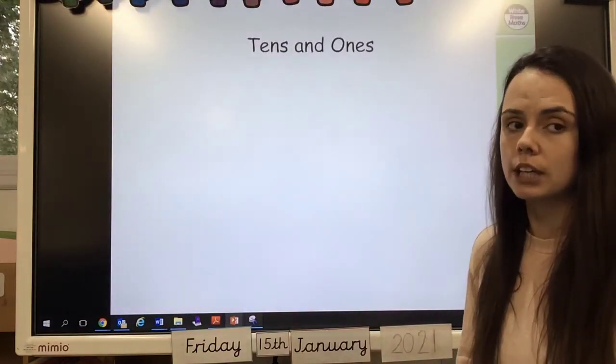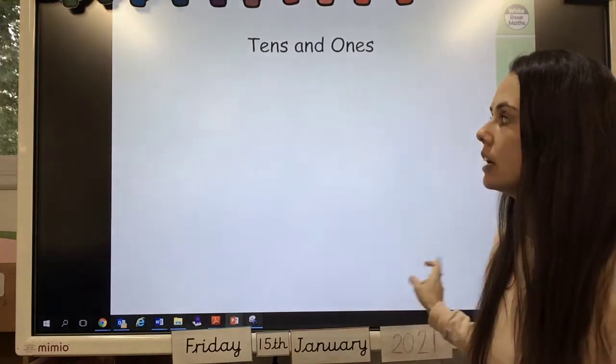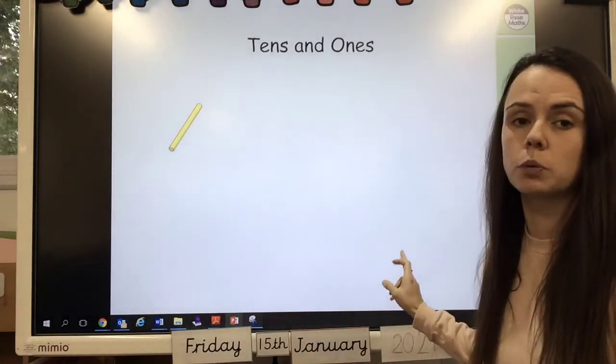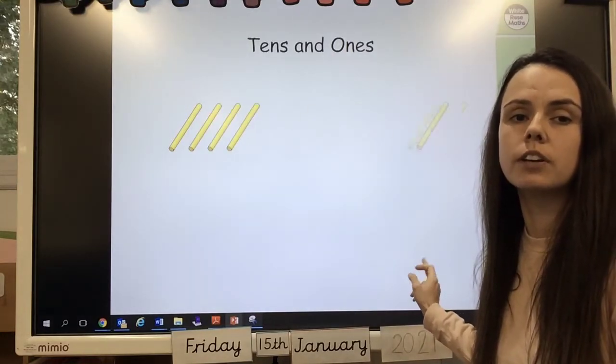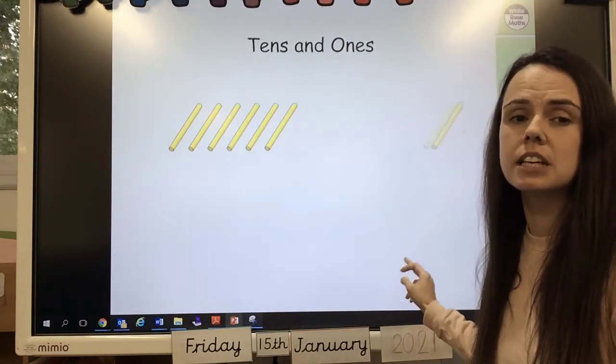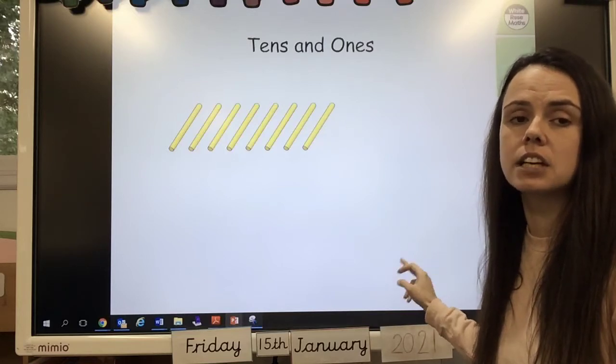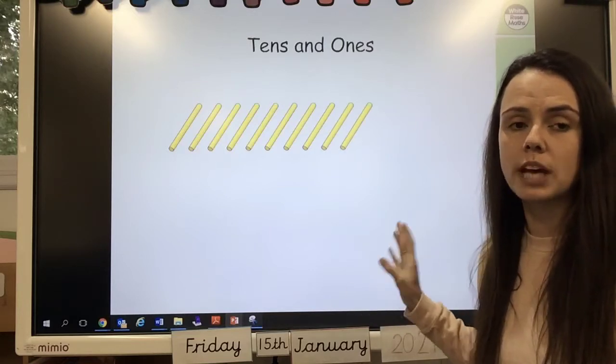So, we are looking at tens and ones. Now, first of all, we're going to look at straws. So 1, 2, 3, 4, 5, 6, 7, 8, 9, 10. So 10 straws there.